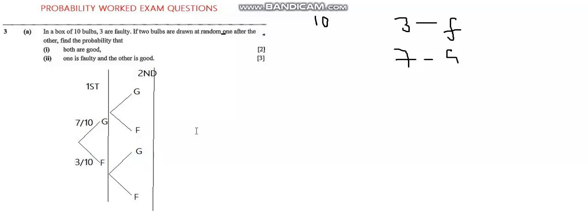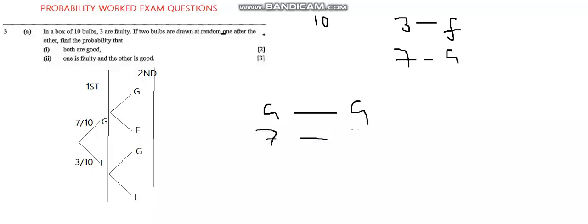Now, since 2 bulbs were picked, we don't know which ones. We say, what if another good bulb was picked, also another good bulb was picked? So if we go from good, what happens? In the first selection we have 7 bulbs.